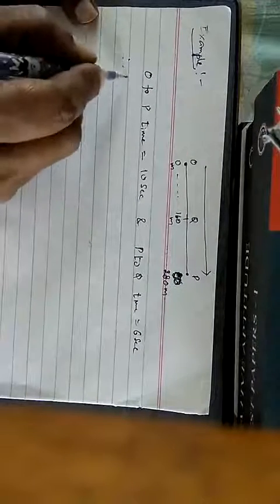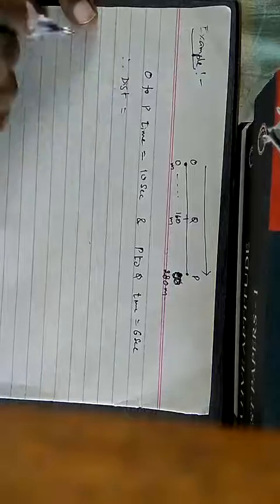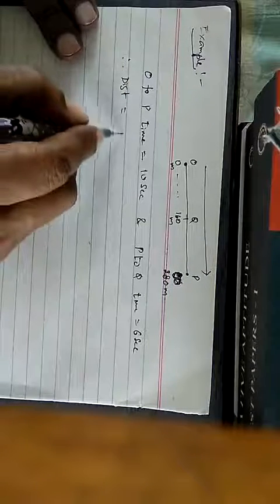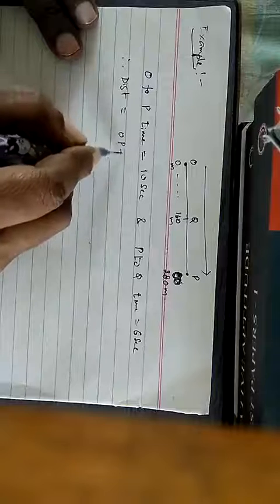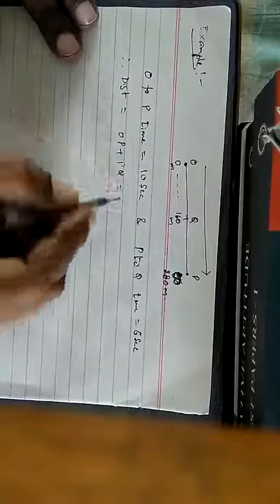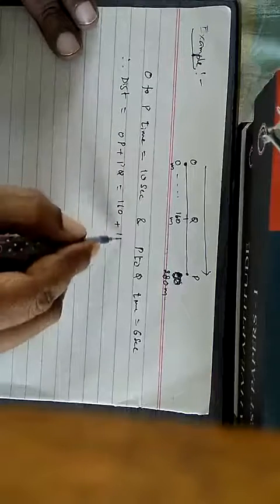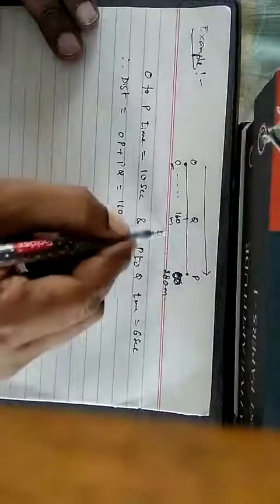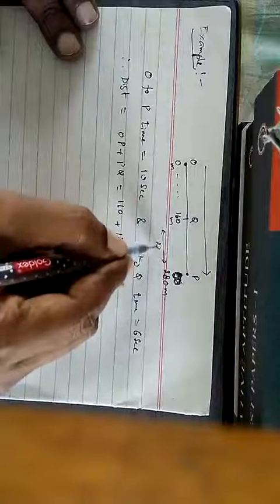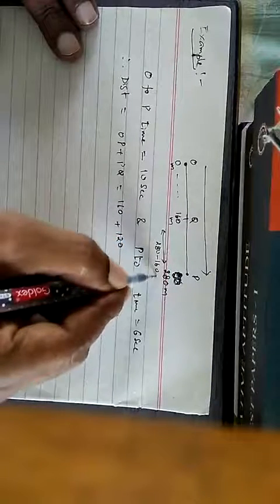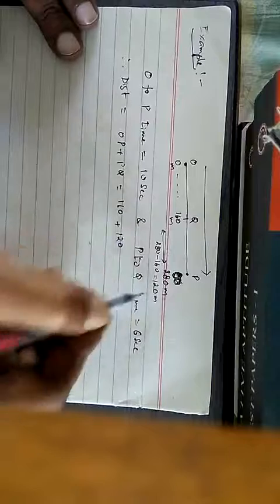So what is the distance? Distance is OP plus PQ. OP distance is 160, PQ distance is 120. This distance is 280 minus 160, which is 120 meter.